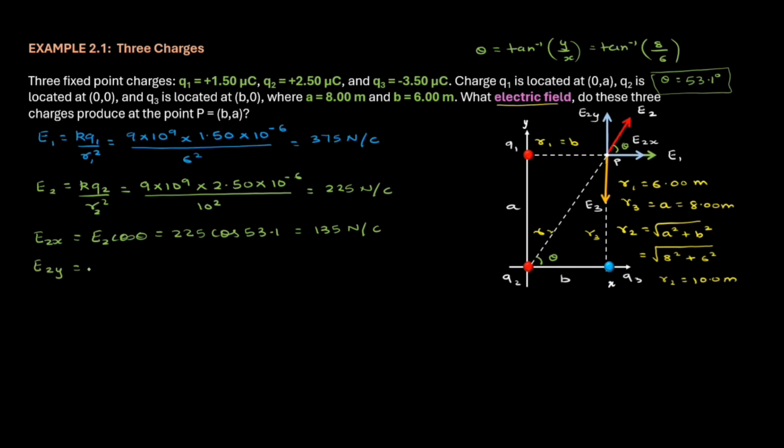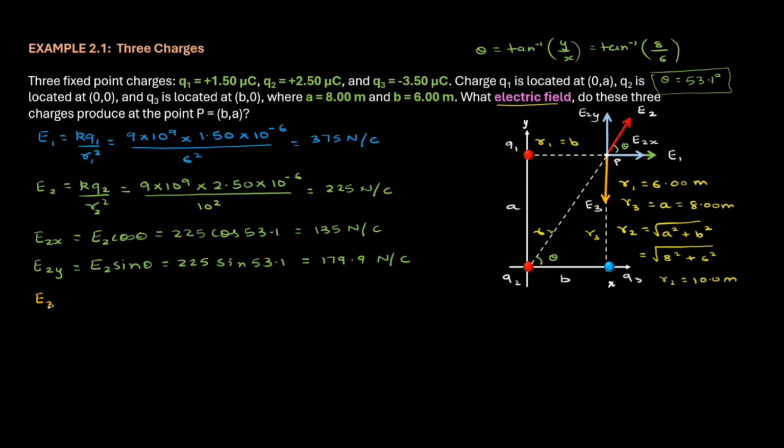E2y will be equal to E2 sine theta. That gives you 225 sine of the angle 53.1. And when you solve this, you get E2y as 179.9 Newton per coulomb.